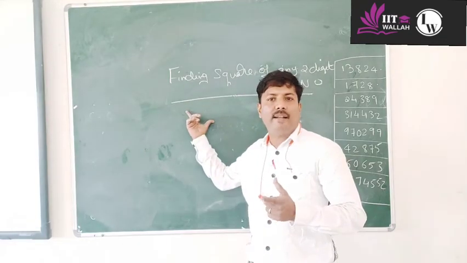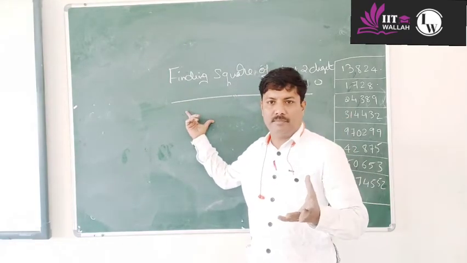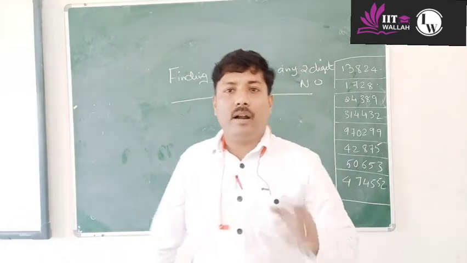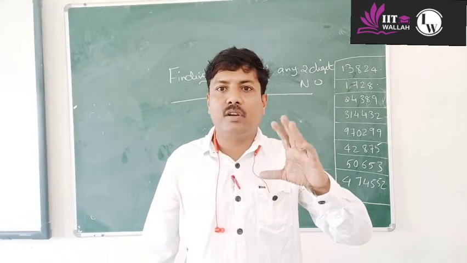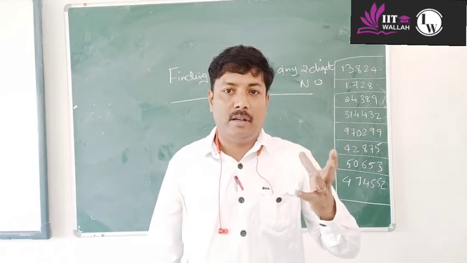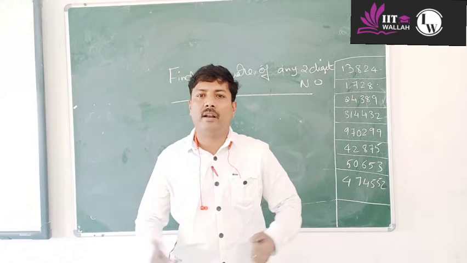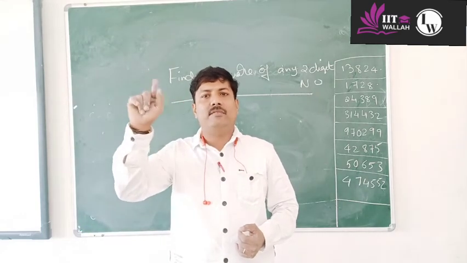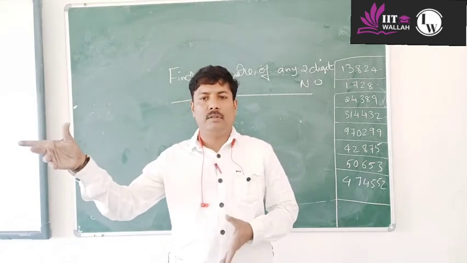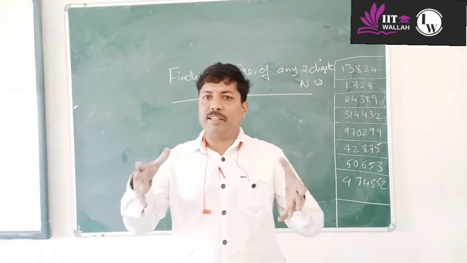How can we find the square of any 2-digit number? We are going to learn how to find the square of any 2-digit number very fast. We already know the general method: we multiply the number with itself and get the square, but it takes much time.